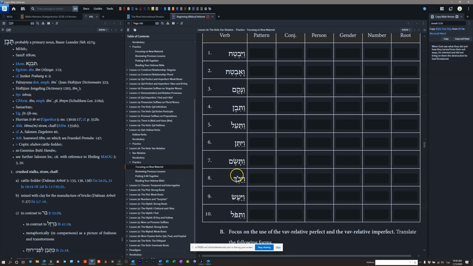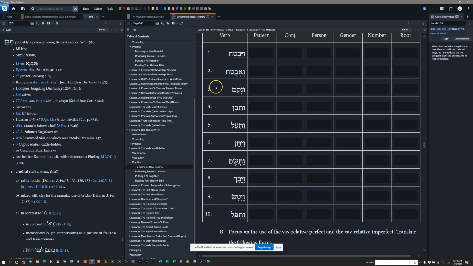Option 2, maybe we're missing R2. Maybe this is a hollow verb. So what hollow verbs have we seen that have a bet and a kaf? Basically, it has to be either bik, bok, or buk. Now, I haven't seen any of those.